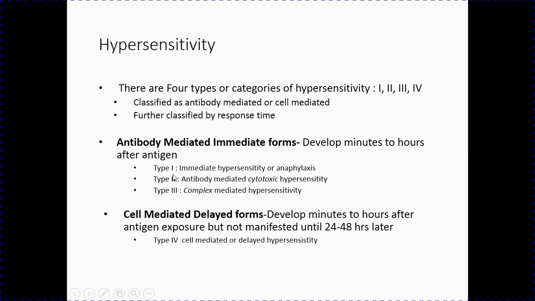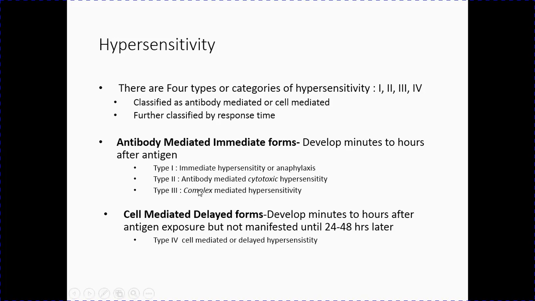Type 1 is the one we think of as allergies. These are immediate hypersensitivity or anaphylactic hypersensitivity reactions. The second one is the antibody-mediated cytotoxic hypersensitivity reaction. We're going to see in just a minute what that's referring to. Type 3 is referring to the complex-mediated hypersensitivity.